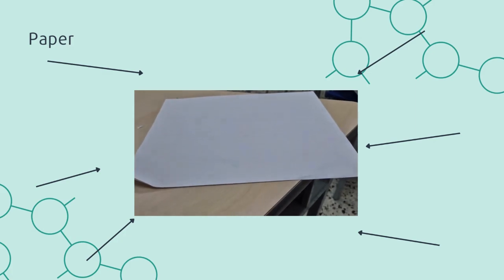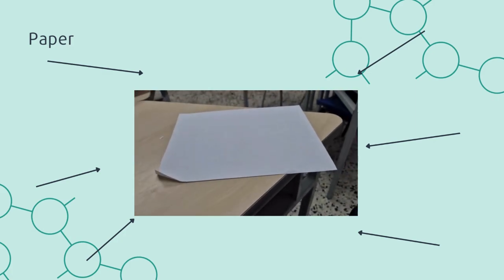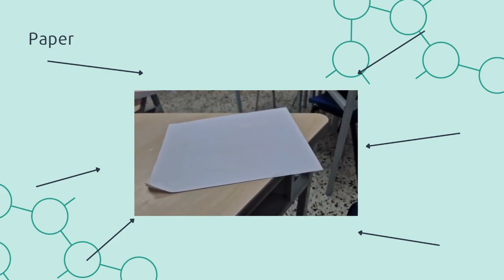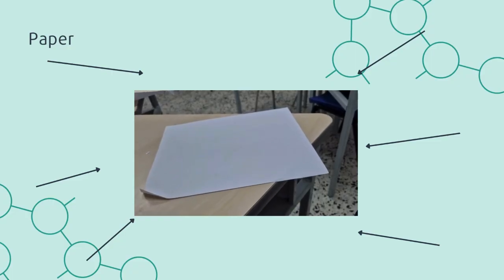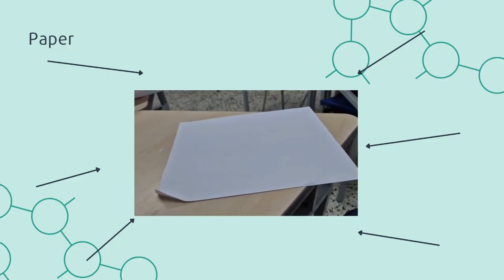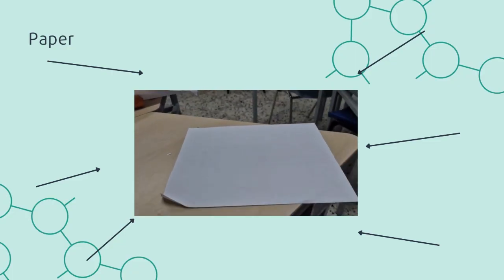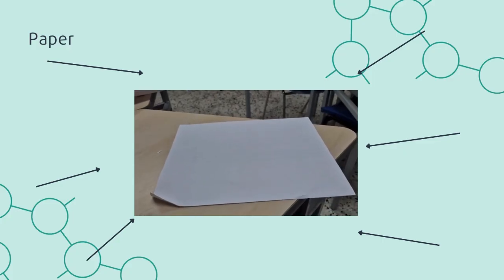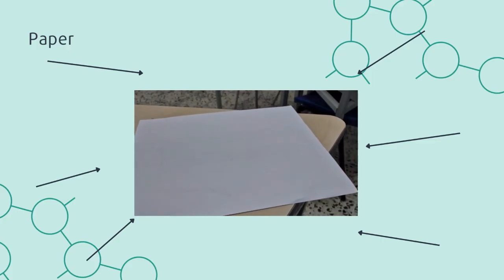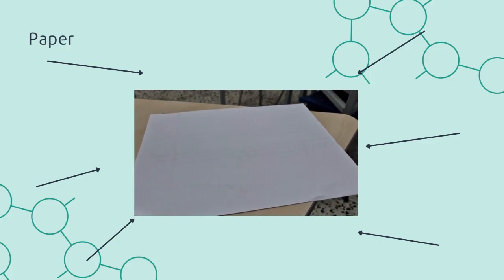Now let's explore paper, something we use every day. Like cardboard, paper is primarily made of cellulose, a natural polymer composed of linked glucose units. The IUPAC name of the repeating unit in cellulose is poly(1,4)-β-D-glucopyranose.